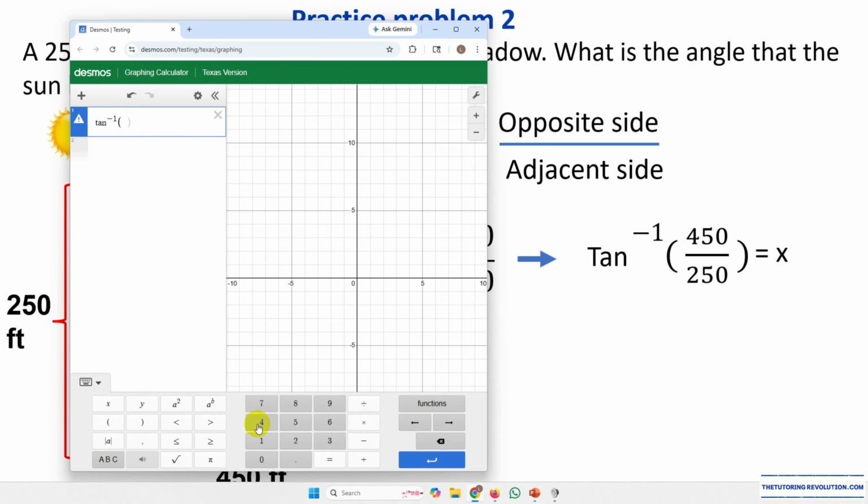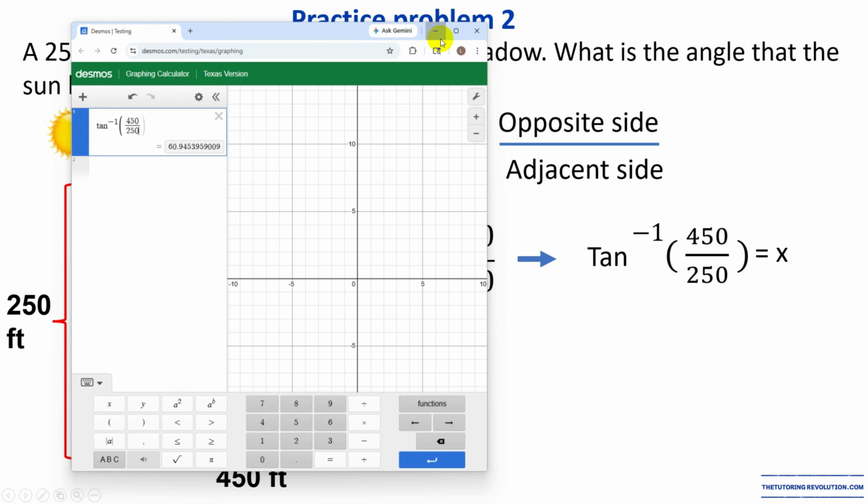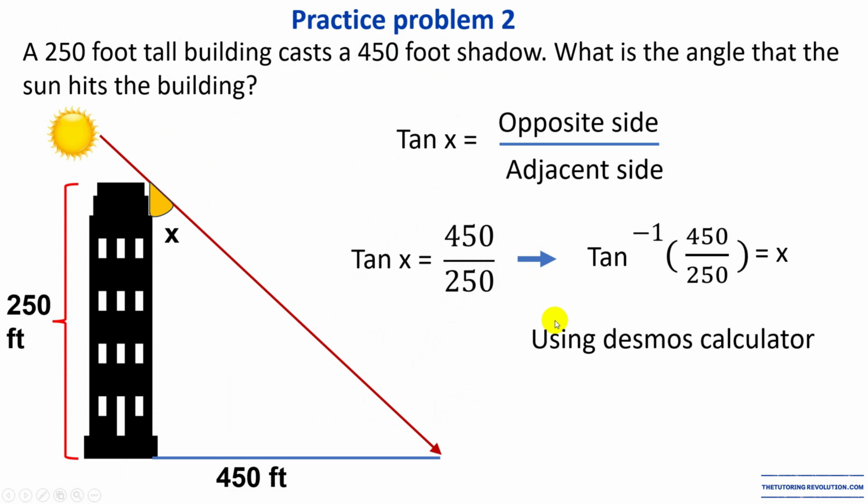And you type 450 divided by 250. And that gives you the answer, which is approximately 60.9, let's say 61 degrees. And we finished. Thank you very much for your attention.